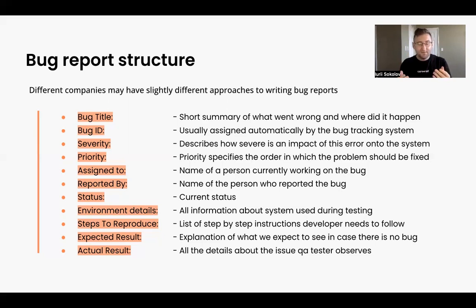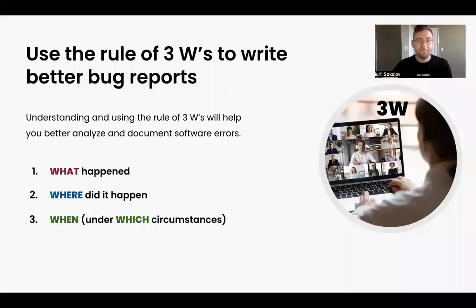For example, expected result: I click this button and it takes me to page X. Actual result: I click this button and it takes me to page Z. There's a clear mismatch between what we expect and what we actually see when we perform a certain function. So that needs to be outlined.